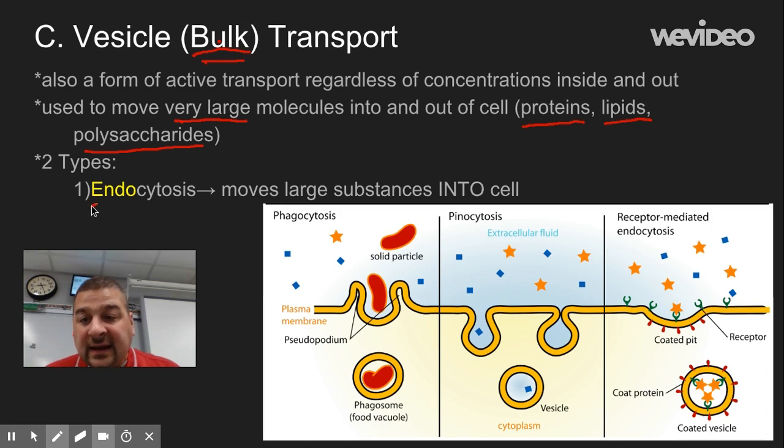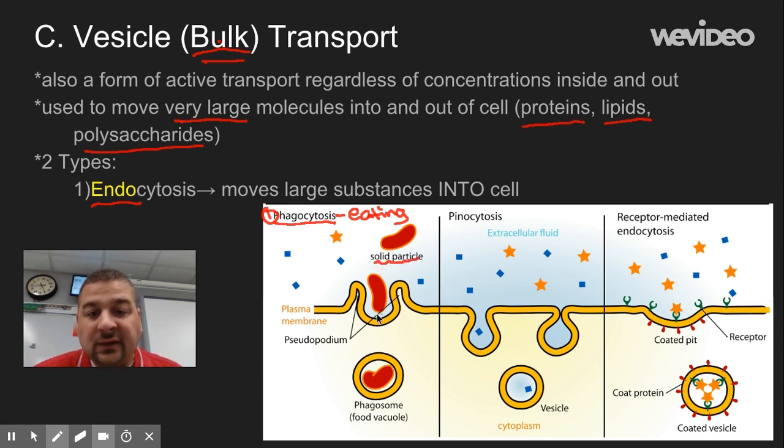Taking in is called endocytosis. Endo, in, cytosis, cell. And there are 3 types of endocytosis, lots of 3s today. The first one is phagocytosis. We often call this cell eating, and it's going to take in large solid particles.